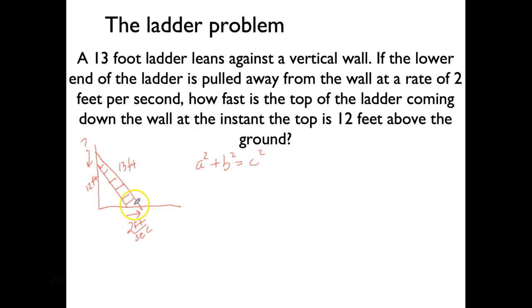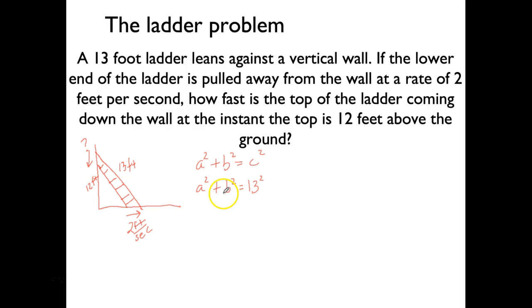The length of the ladder will always be the same. So this C value doesn't change, so I can plug that value in. So instead of C, I'm going to put 13 squared. And this is going to be some number, right? So I plugged in my unchanging variables. And so that's step 3.